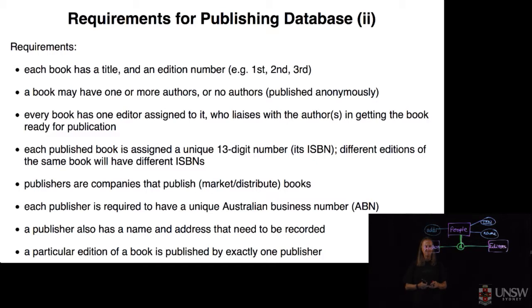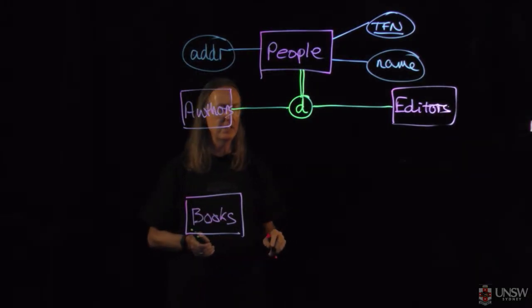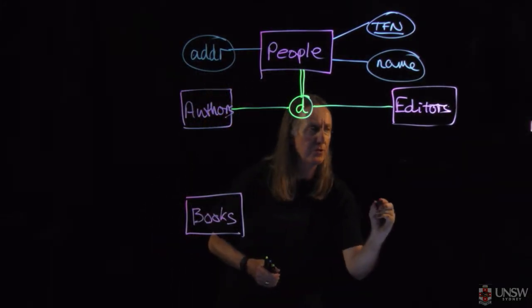Okay, so from that second page of requirements, we can see that there are books. In a publishing database, that's kind of obvious that we'd have books, and the other kinds of things in the system are publishers.